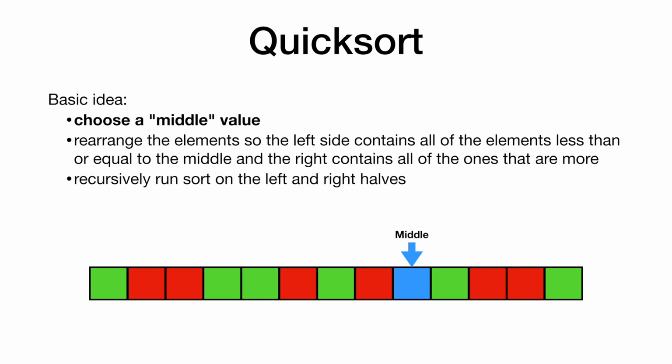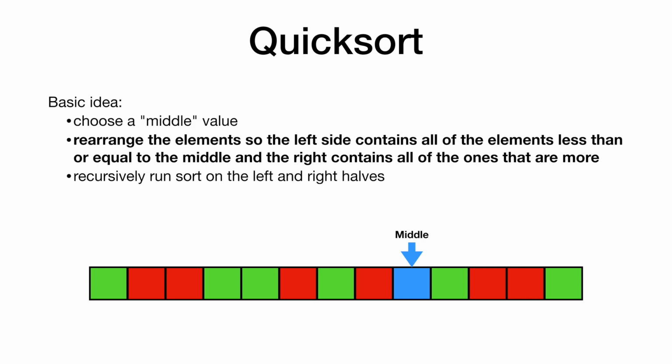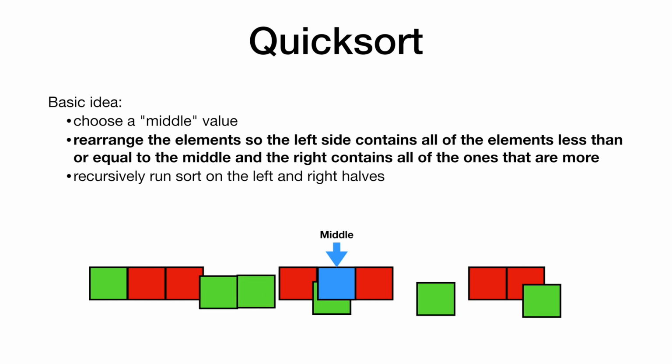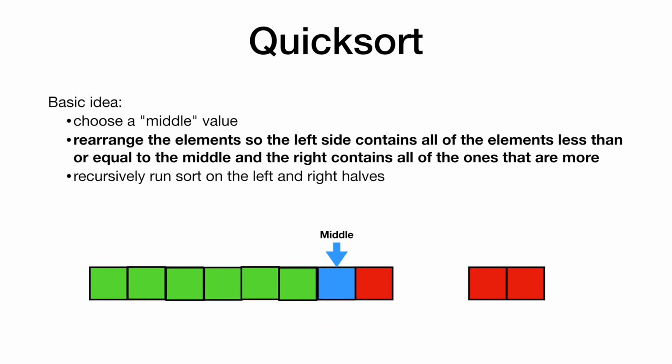Then what we want to do is, like we said, rearrange the elements so that the left side contains all the elements less than or equal to the middle. So we're going to take all the things that are less than and move them to the left, and all the things that are greater than, move them to the right. Now we have an array that's not necessarily sorted, but we at least know that all of the things on the left half are smaller, and all of the things on the right half are bigger.